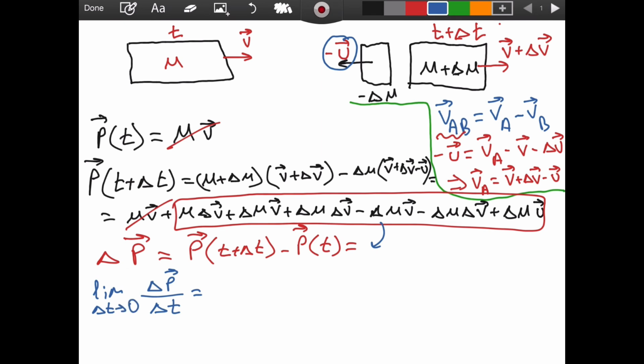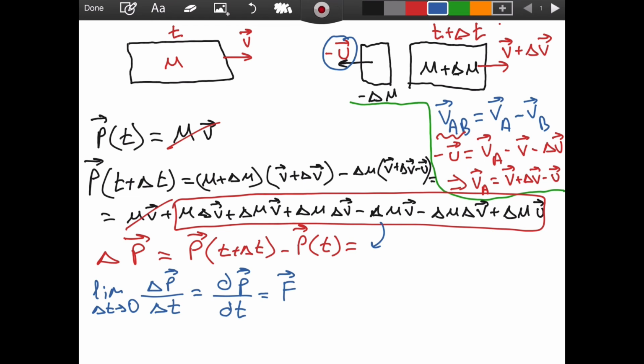Because this is a definition. What is this a definition of? Remember Newton's general second law? This is a definition for the net force. The time derivative of p is going to give you the net force, because these deltas become, since we take the limit, dp by dt, and this is by definition, by Newton's second law, equal to the net force.